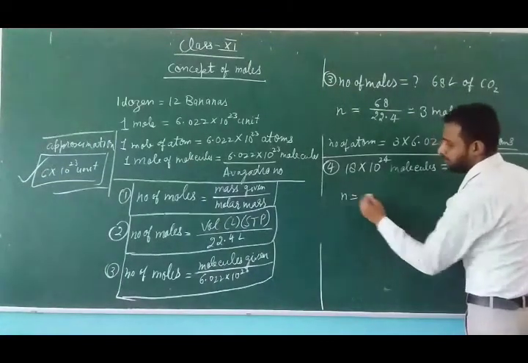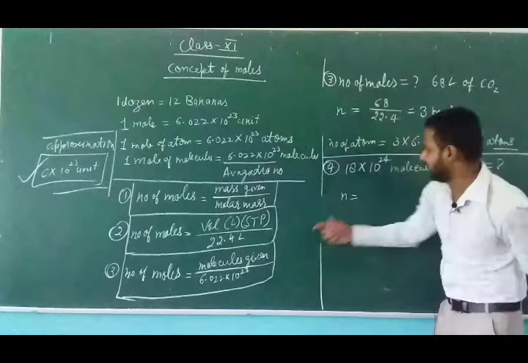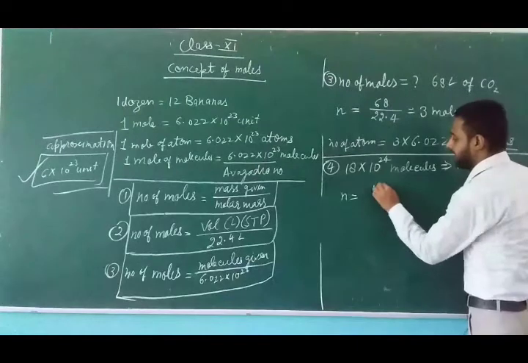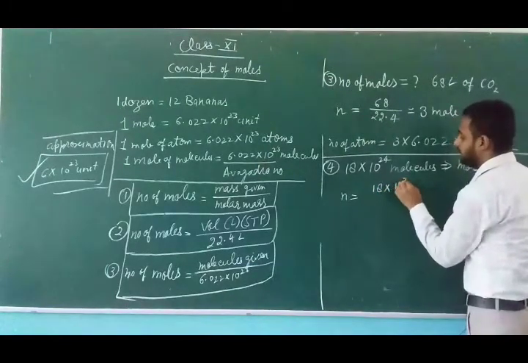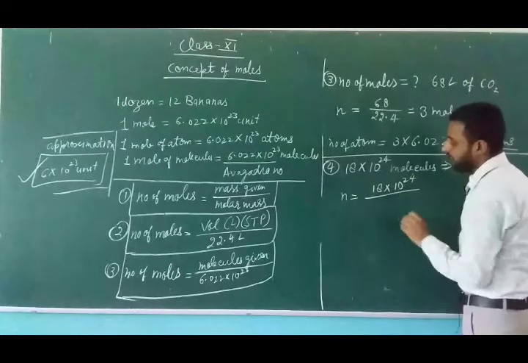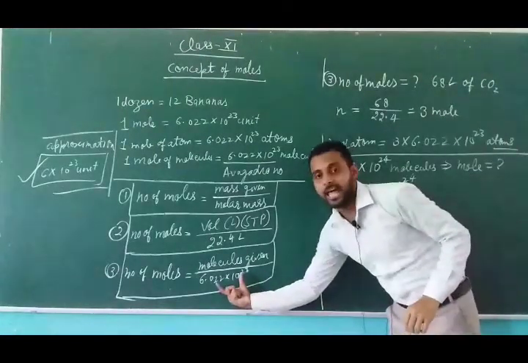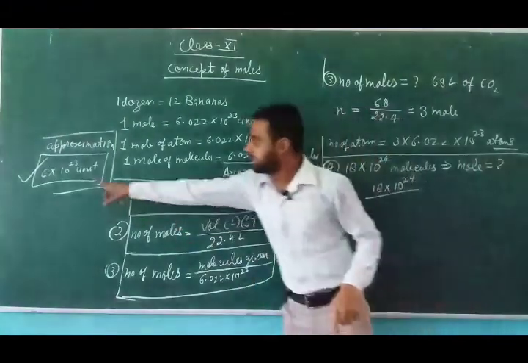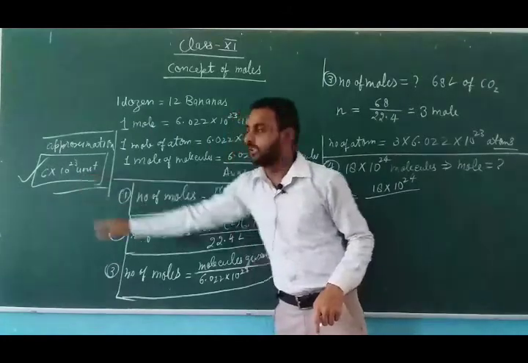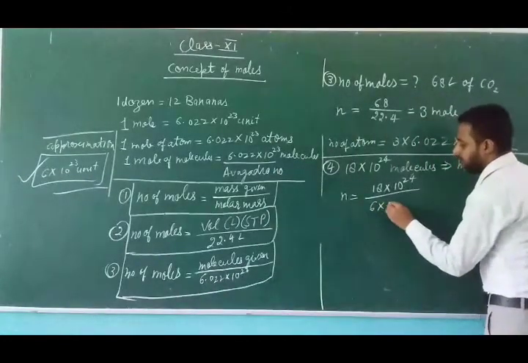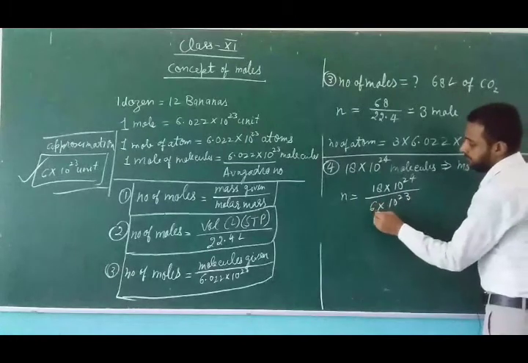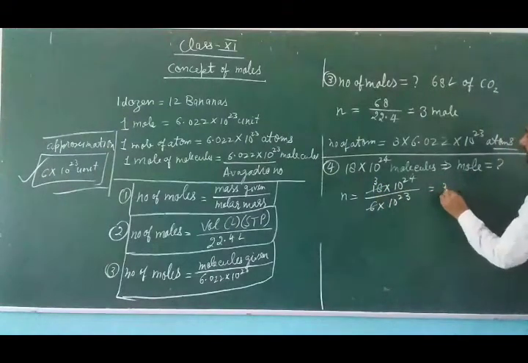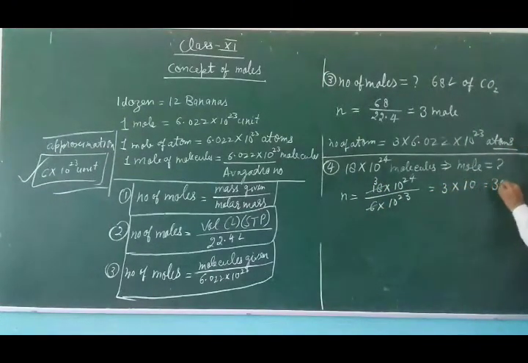Number of moles is equal to molecules given upon 6.022 into 10 to the power 23. We can write this by approximation as 6 into 10 to the power 23, because it will be easier to solve the question. 18 divided by 6 is 3, so we have 3 into 10, which is 30 moles.